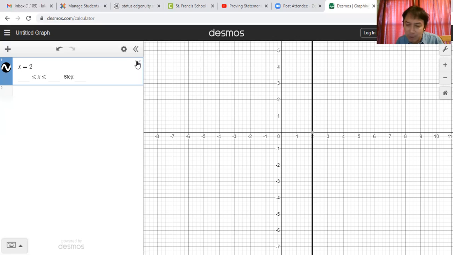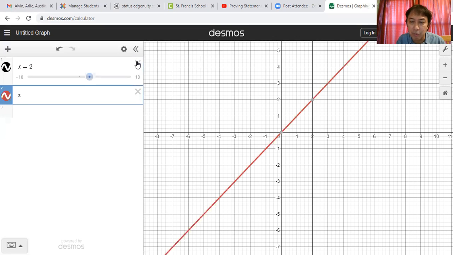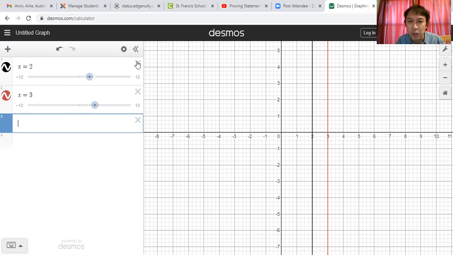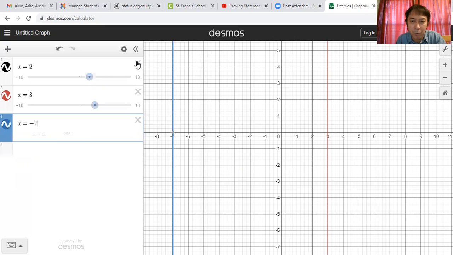Let's have another example. Say x equal to 3. All points along the red line will have a value of x equal to 3. Vertical. x equal to -7. You can see the blue line, all the points there will have x values of -7.